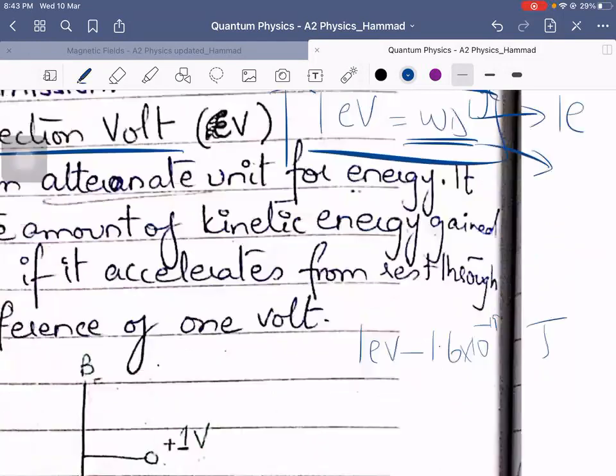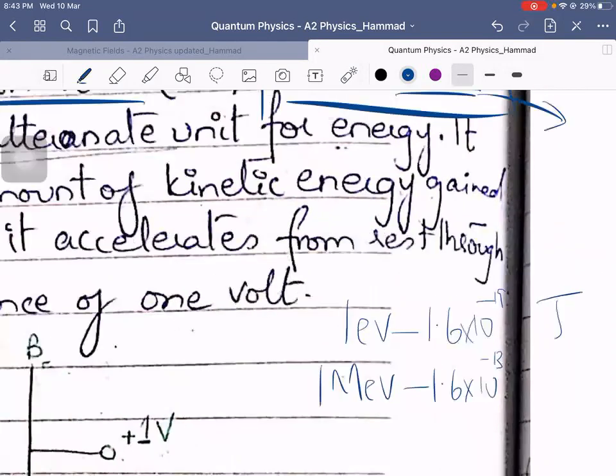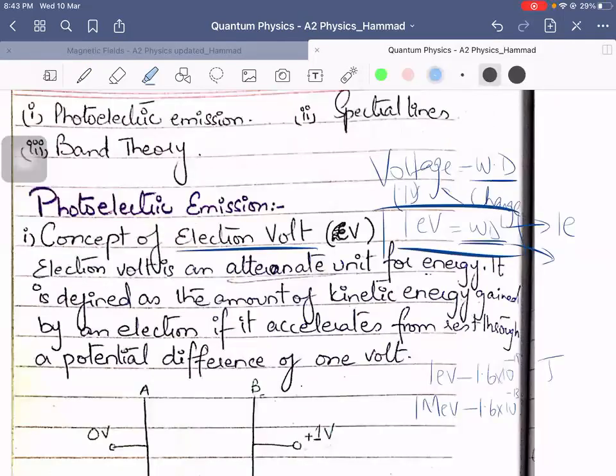Similarly, 1 MeV is equal to 1.6 x 10^-13. Mega is times 10 to the power of 6, so that basically increases the value by a power of 6. So this is what I've mentioned here. The electron volt is an alternate unit for energy. It is defined as the amount of kinetic energy gained by an electron if it accelerates from rest through a potential difference of 1 volt.